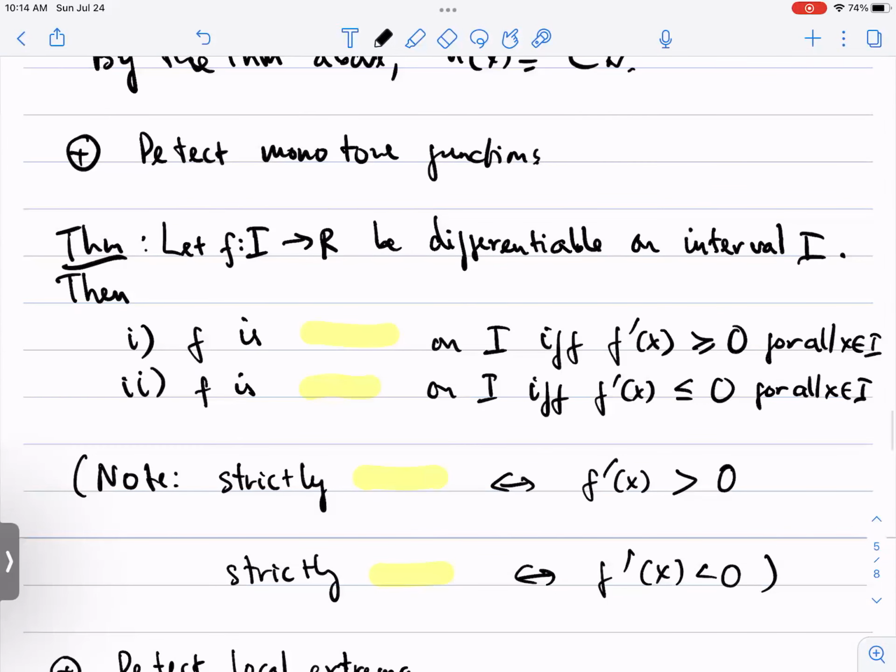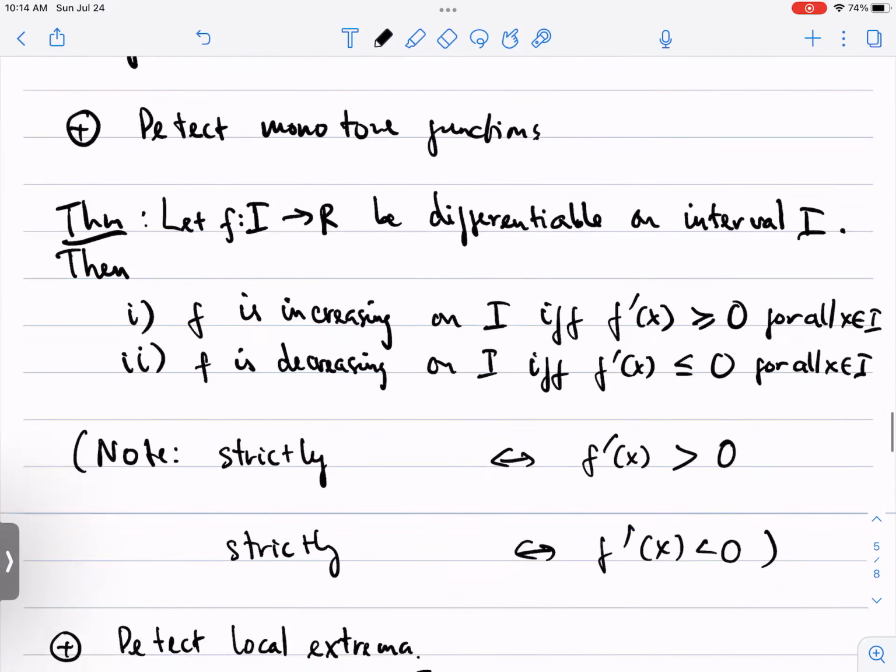Then f is increasing if and only if its derivative is greater than or equal to 0. It is decreasing if and only if its derivative is always smaller than or equal to 0.